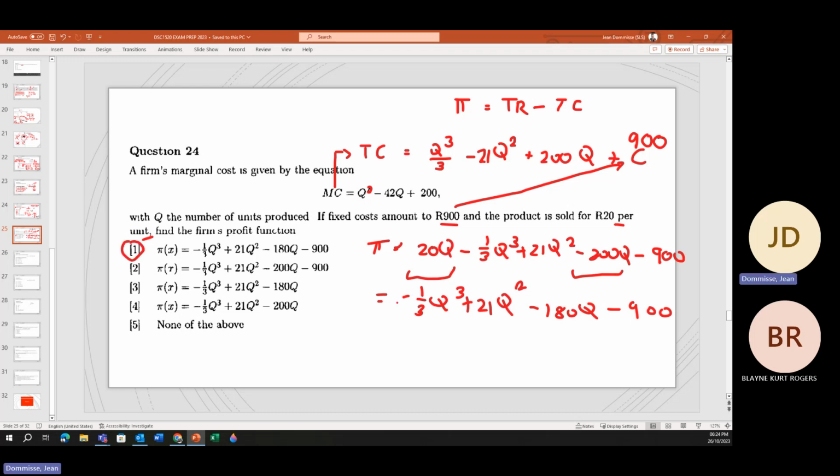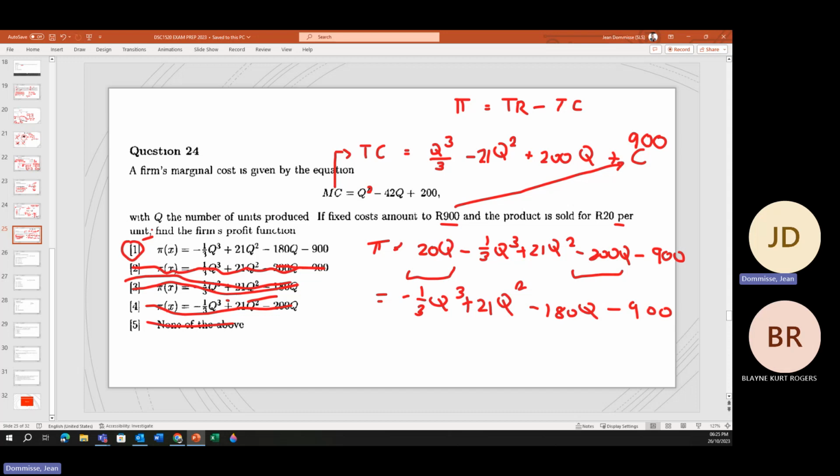If you did not work with the 20Q, you would have gotten the 200. If you didn't add the 900, this one could also have been selected, but wrong. And that one is just if we only looked at total cost and didn't take into account total revenue. Option 4 would have been that.